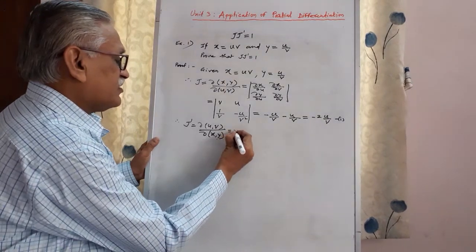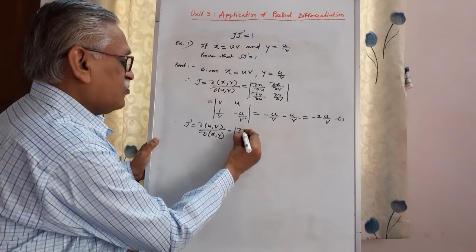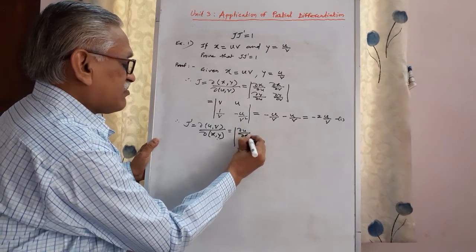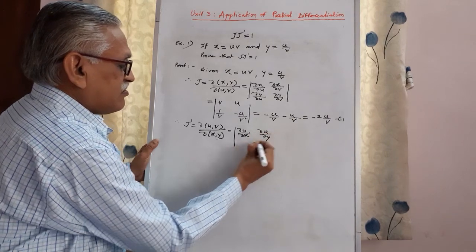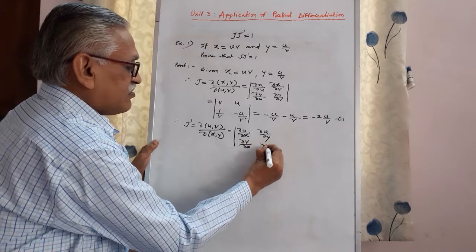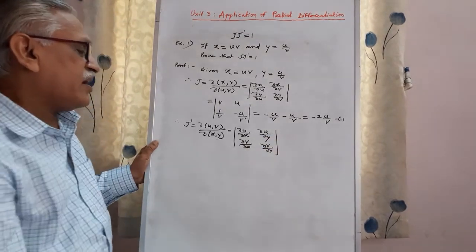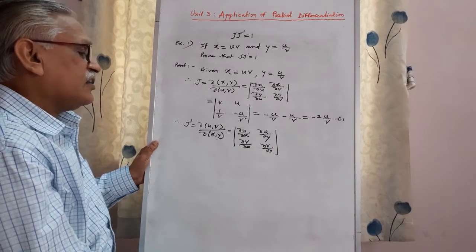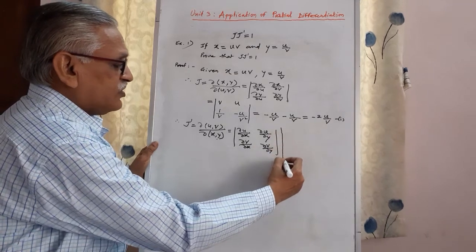That is nothing but the determinant, as per definition, of ∂u/∂x, ∂u/∂y, ∂v/∂x, ∂v/∂y. And to obtain this, we have to find the value of u and v.